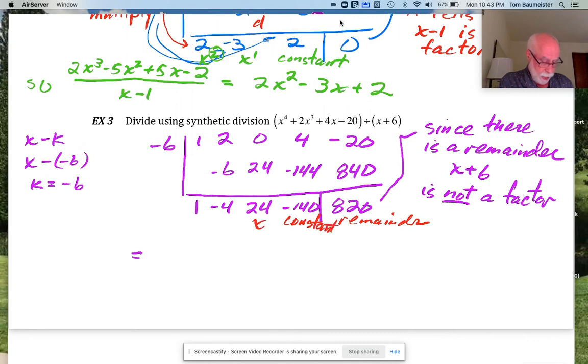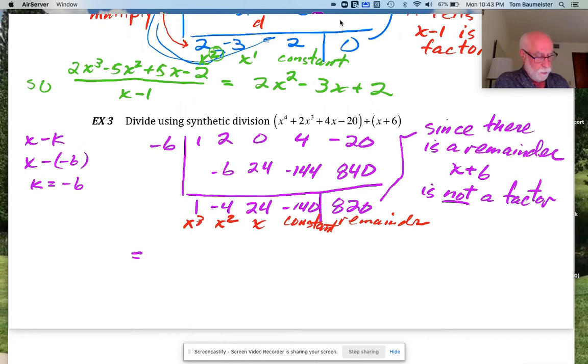Here is our x term, our x squared term, and our x cubed term, which tells us we probably started with an x to the fourth, which we did. Remember, using synthetic division with a binomial, we're always going to be one less. All right?